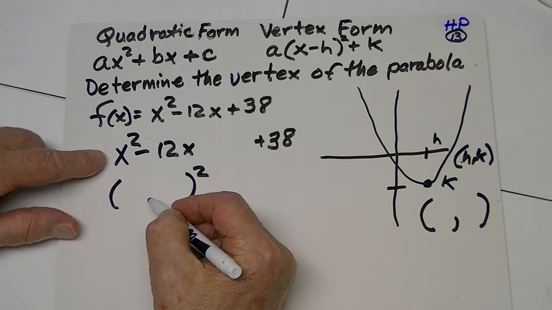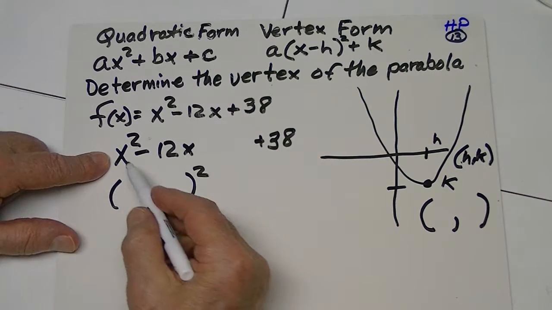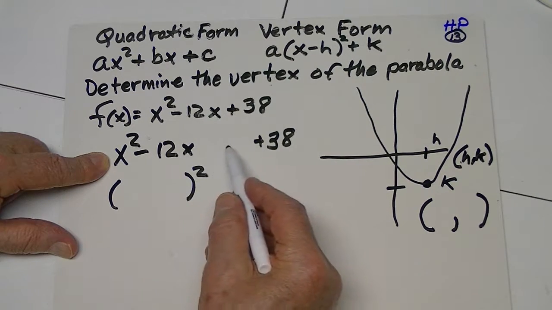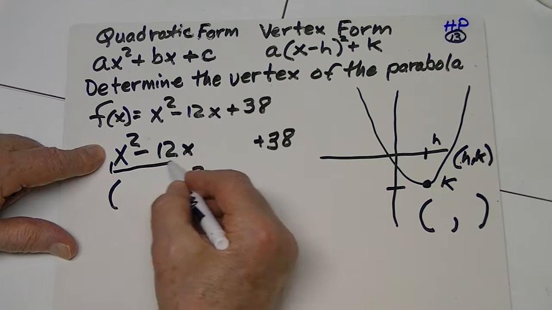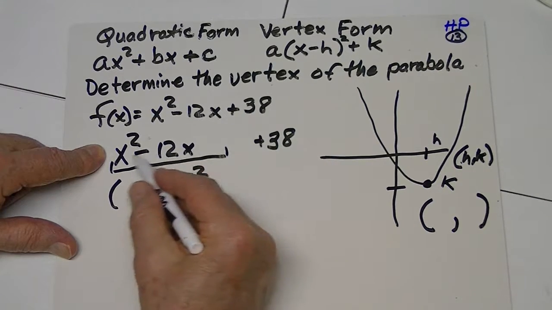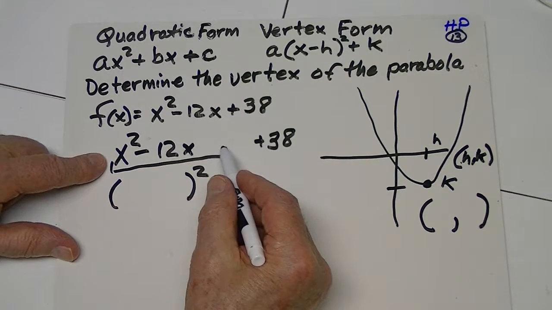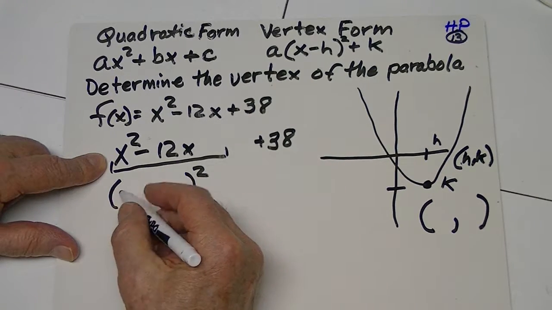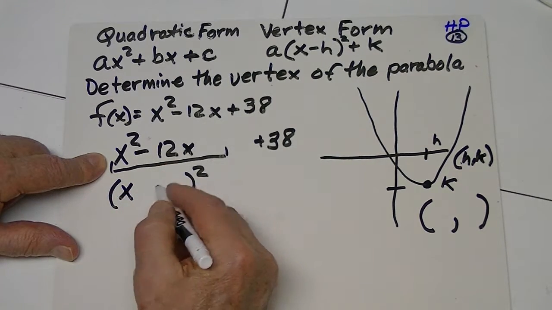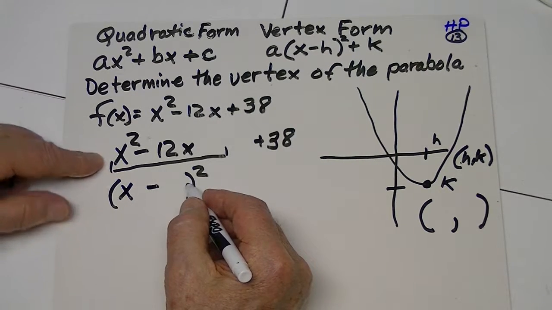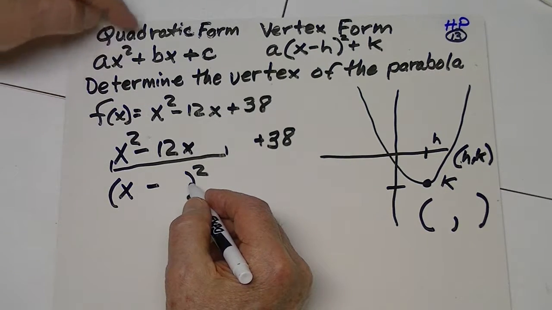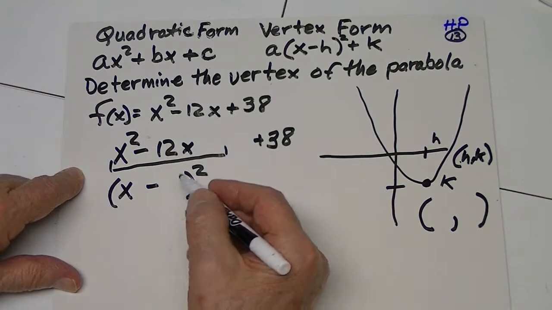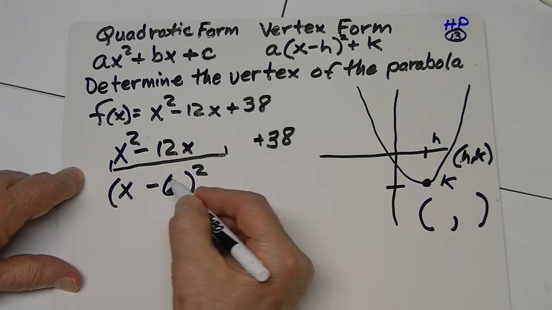Now, in a previous lesson, we said that when we start to complete the square, we want to make this eventually into a perfect square trinomial. Well, the procedure is the x comes down here, this sign comes there, and then we take half of our b term, which is 12, so half of 12 is 6.